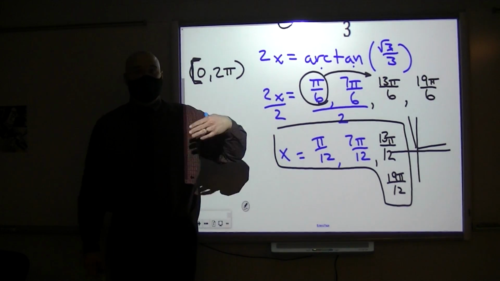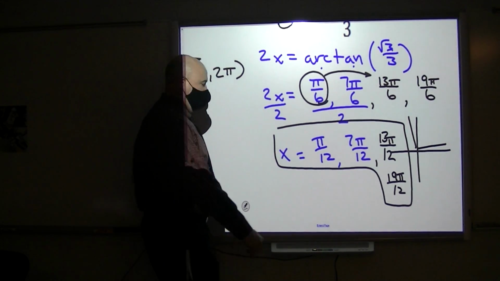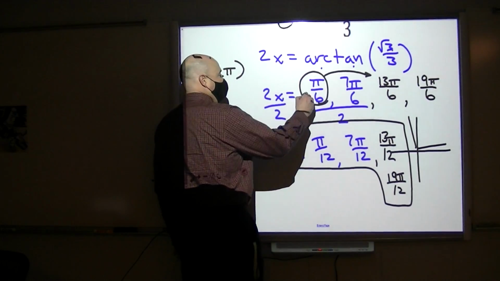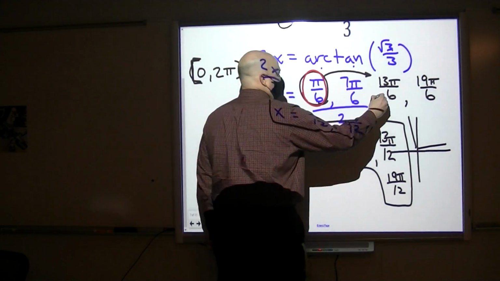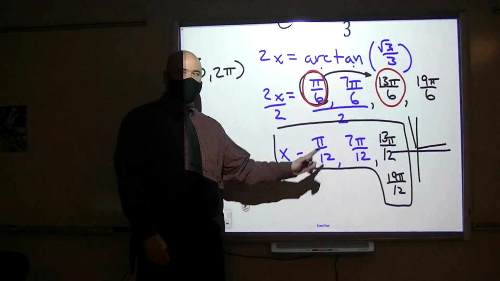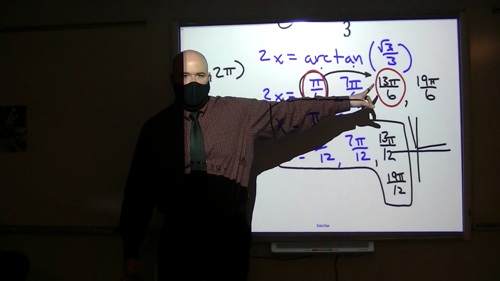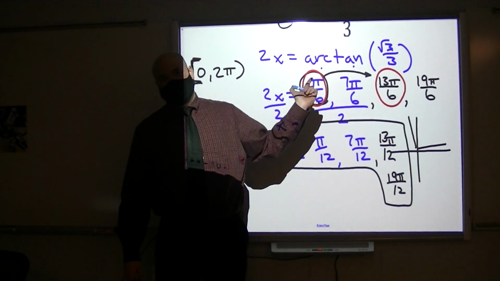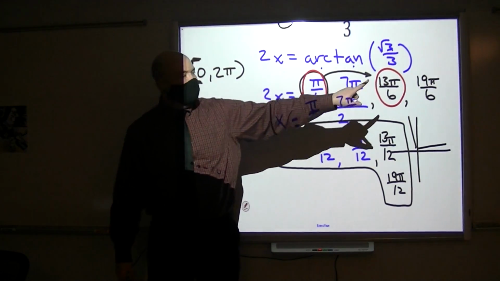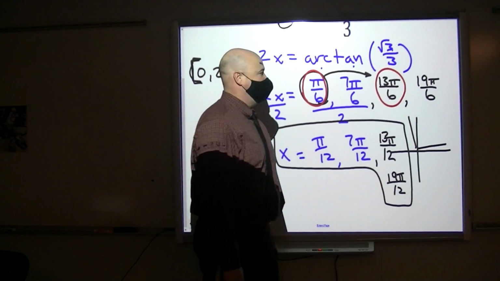Now, if you wanted to keep going, I'm going to color code this. Here's pi over 6. 13 pi over 6 is coterminal with pi over 6. It's in the same spot. We got it by adding 2 pi. What would be the next coterminal angle with 13 pi over 6?